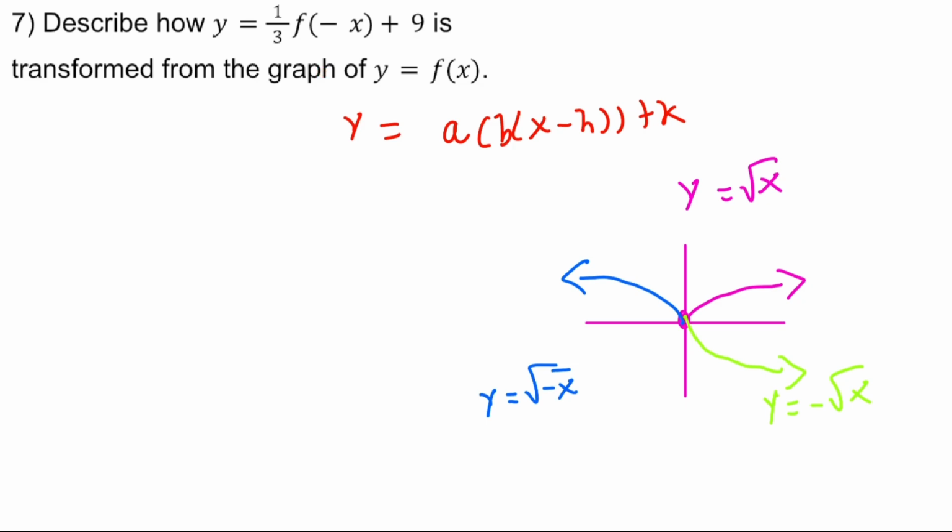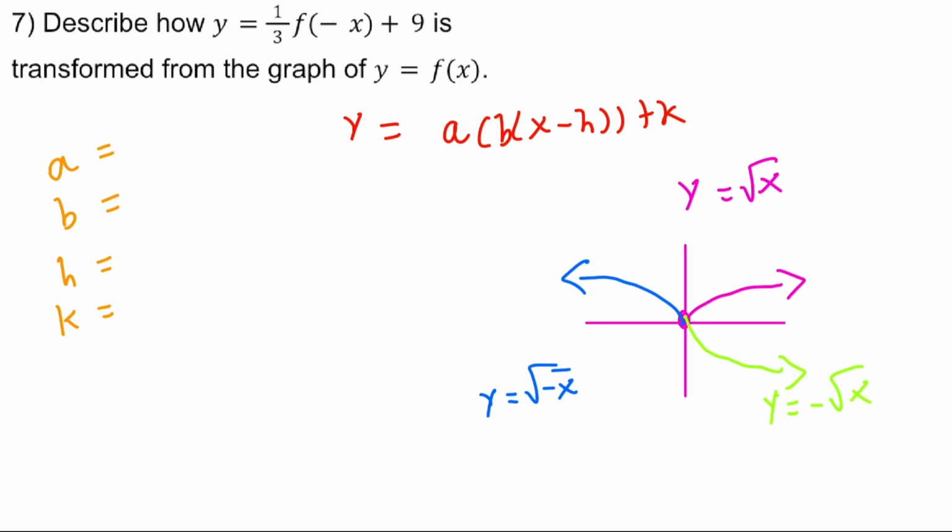Describe how y is equal to 1/3 times f of -x plus 9 is transformed from the graph of y equals f of x. Okay, let's identify our a, b, h, and k values. I want you to try that on your own to see what you get.